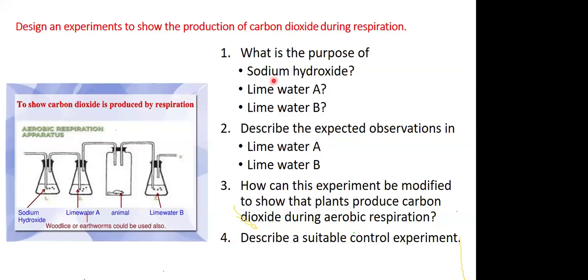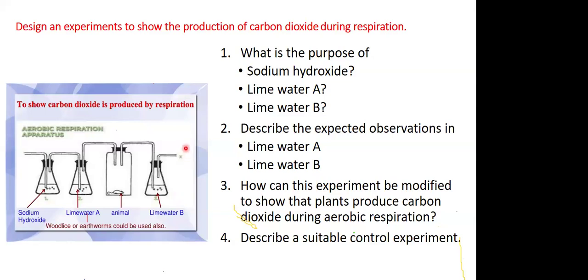So as the animal is respiring, carbon dioxide is being produced, turning lime water B milky, right? Then the sodium hydroxide will absorb most of the carbon dioxide, hence lime water A won't turn milky. Is that what I've gotten? Is that what you're trying to mean?